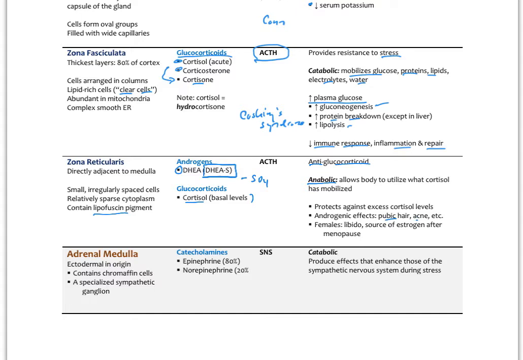In females, the DHEA is actually a source of estrogen after menopause, specifically E1 or estrone. So estrone is the main postmenopausal estrogen. E2 or estradiol is the main premenopausal estrogen, and then E3 or estriol is the estrogen of pregnancy.